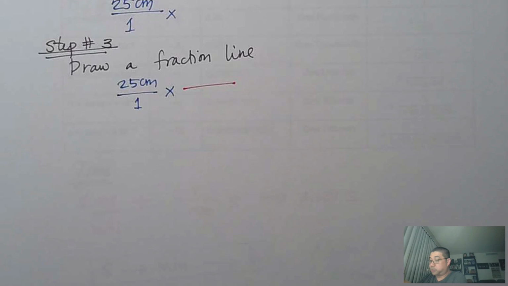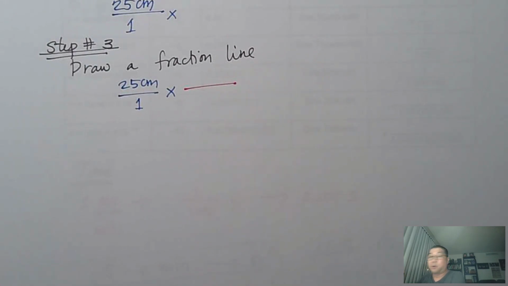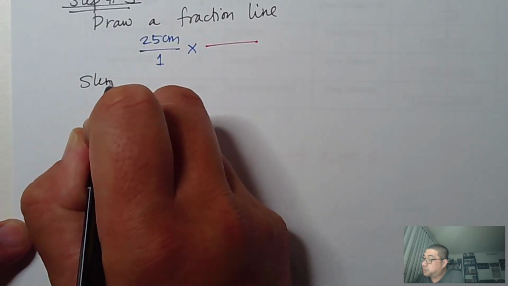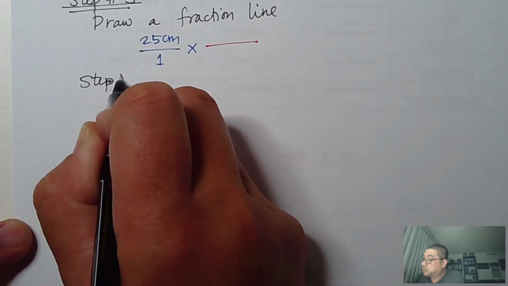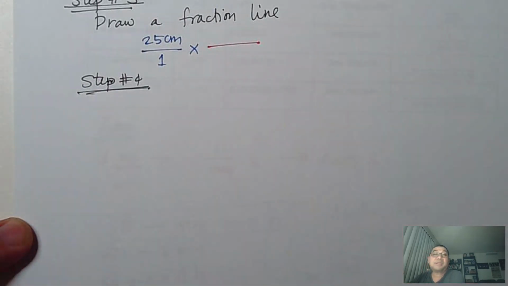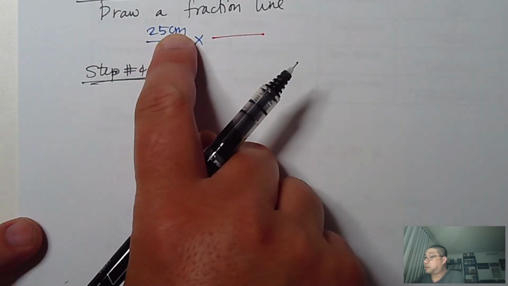Now, step 4. It's getting very simple. Afterwards, let's cancel the units on the top. Cancel the unit at the top.